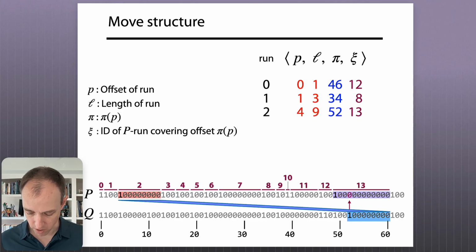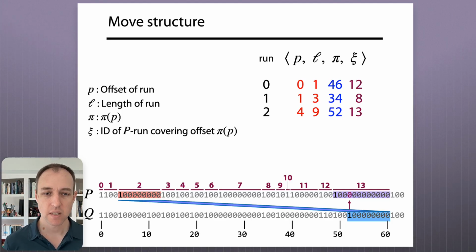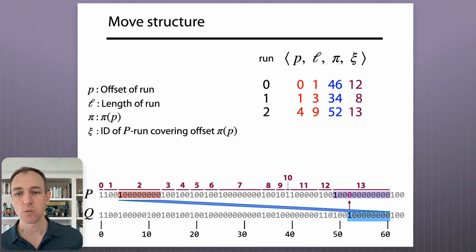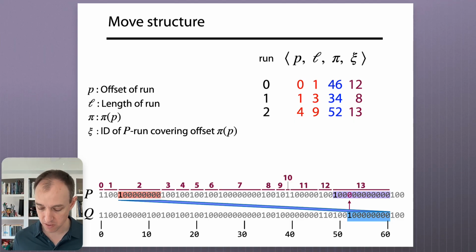Onto the third row. I went ahead and did all the work. The third row is actually kind of interesting, so let's pause and look at this. The third run is at offset 4, it has length 9, and the permutation takes its head to offset 52. Great, so far so good. But now the question is, what's the ID of the run that contains offset 52?